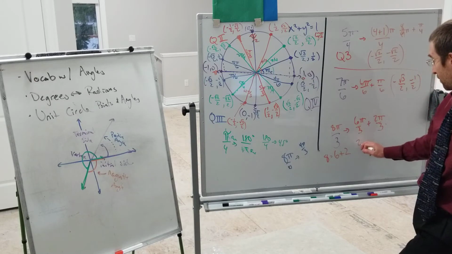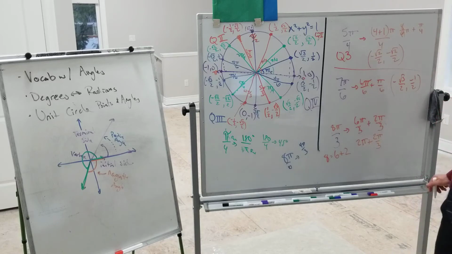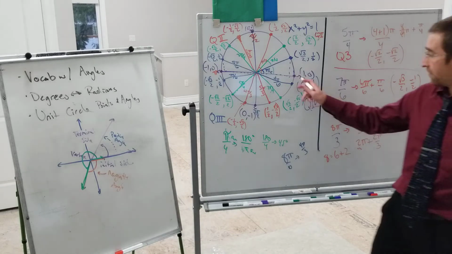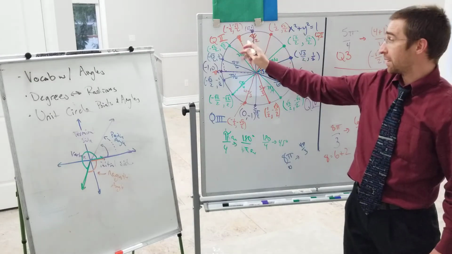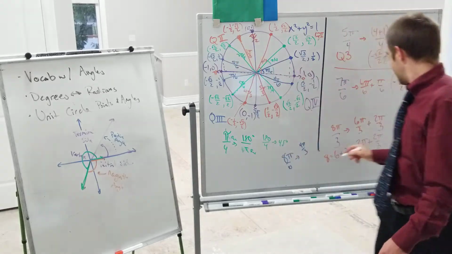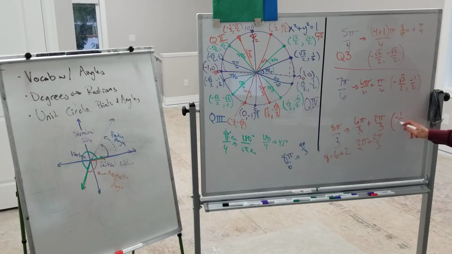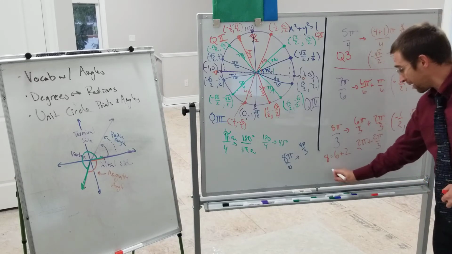So this is 2 pi plus 2 pi over 3, which means 2 pi is a full rotation, and then I go 2 pi over 3. I'm up here in quadrant 2, and that gives me negative 1/2 for my x, root 3 over 2 for my y.